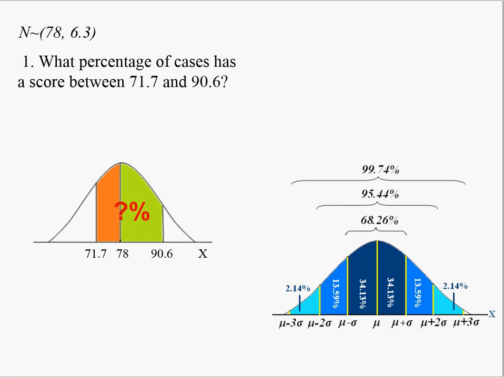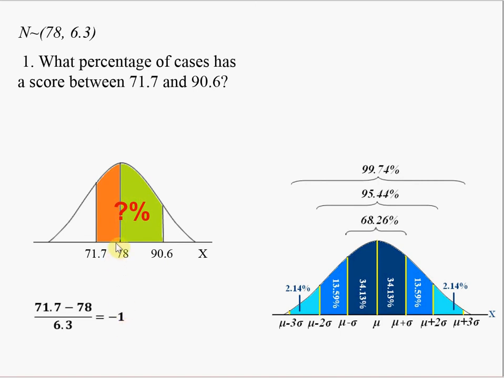There's a simple way to figure that out. We use 71.7 minus 78, divided by the standard deviation. That gives -1.